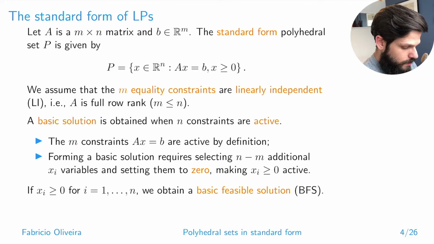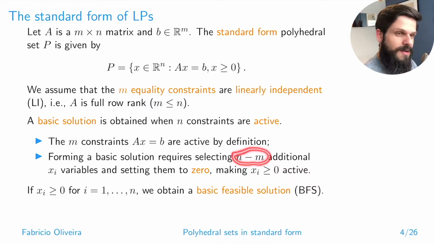So to form an actual basic solution, to have the intercept of n active constraints, we have to make the remaining difference, n minus the m constraints you have, more constraints active. So what do we do? Well, we turn our focus to these constraints.